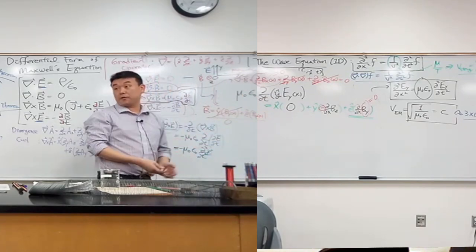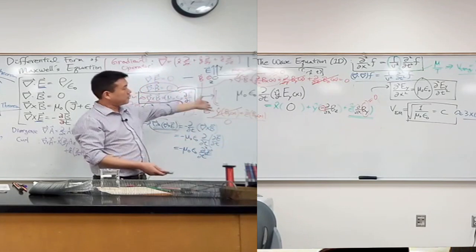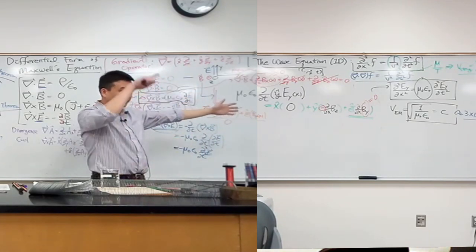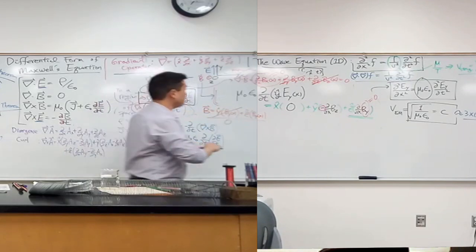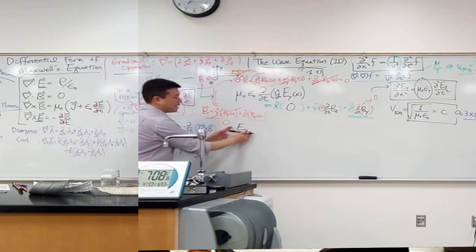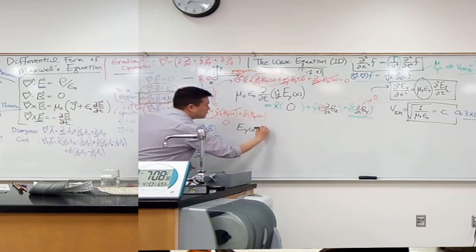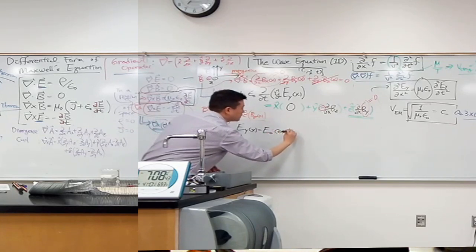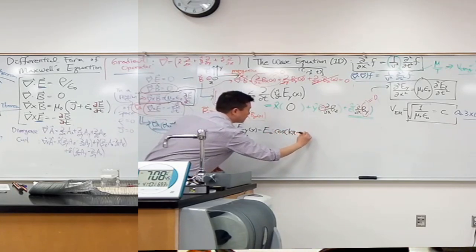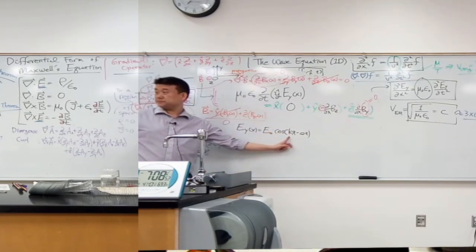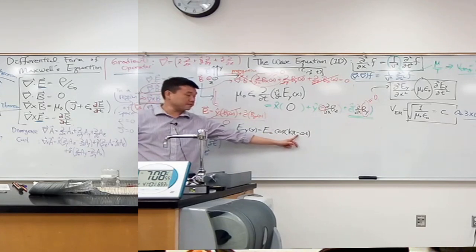Let me write down a form for electric field and magnetic field as a periodic traveling wave solution. So I might say electric field, the magnitude is amplitude times cosine of kx minus omega t. Do people remember this way of writing a traveling wave? Yes, wave number times x minus omega t.